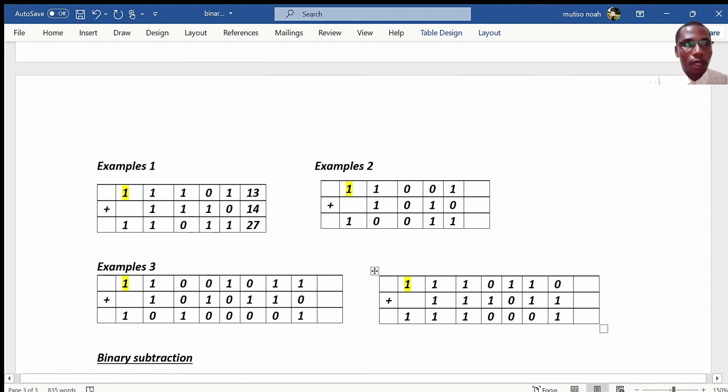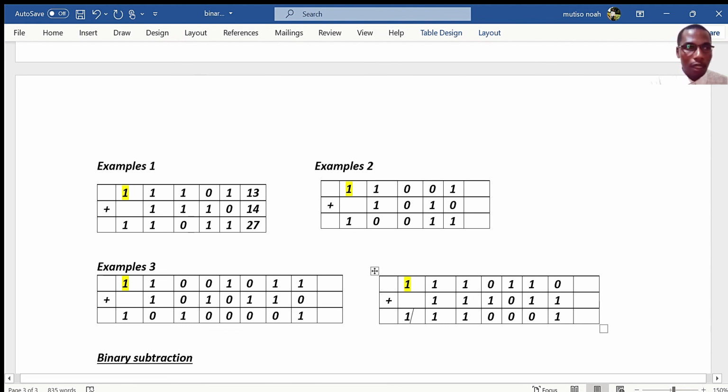I hope up to that point you know how to represent binary numbers using signs. You can tell whether a binary number is positive or negative. You can use either the prefixing 1 or 0, you can use the 1's complement, or you can use the 2's complement.